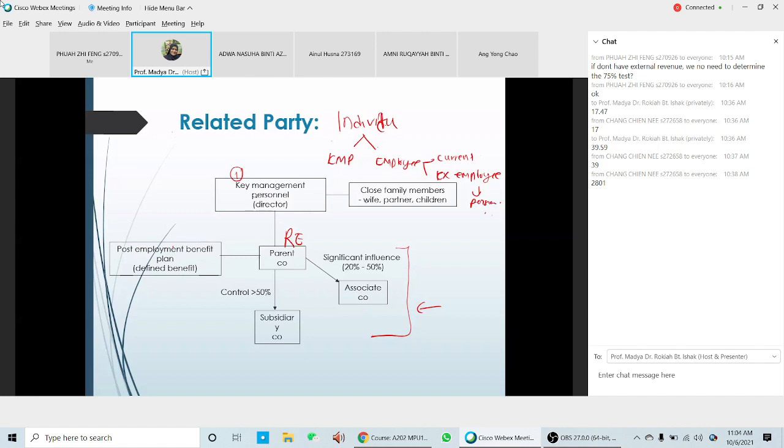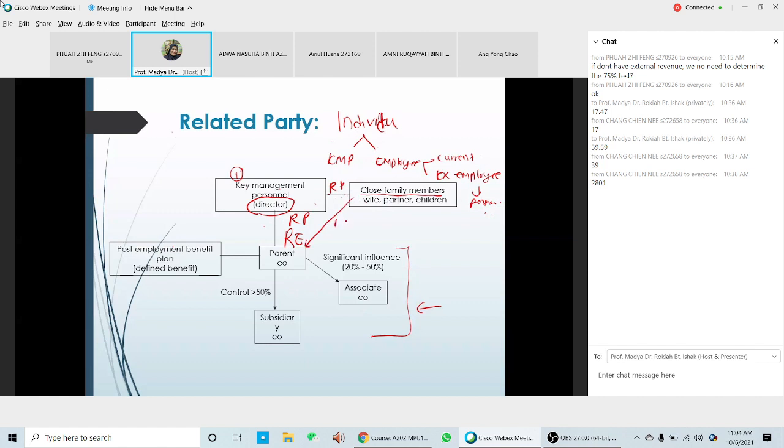Okay, an example of key management personnel here is the directors of the company. So for directors, the company will also need to look at their close family members. Their close family members are also considered related parties. Key management personnel, with the parents here, is a related party, and this one is also considered a related party.